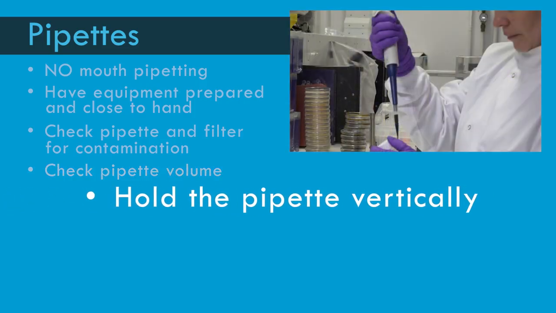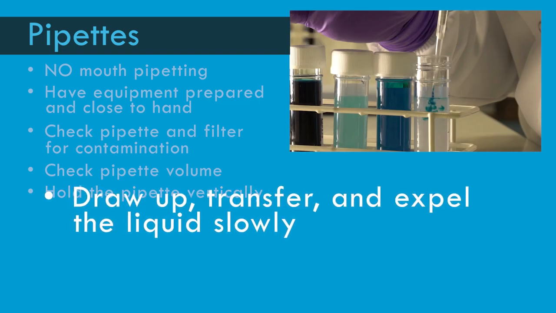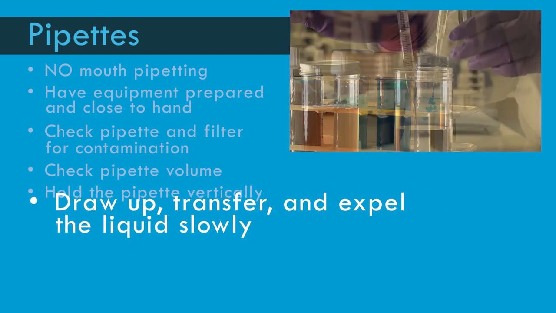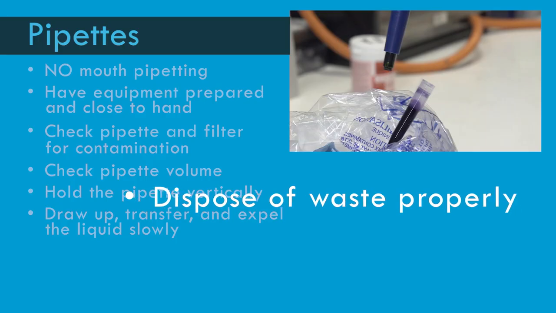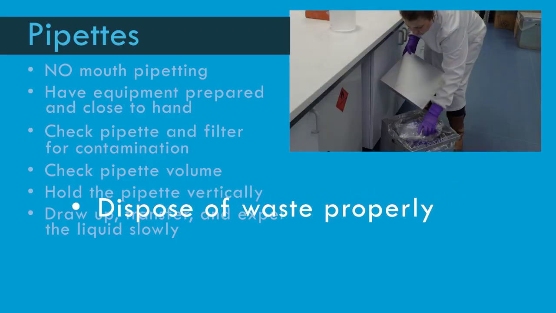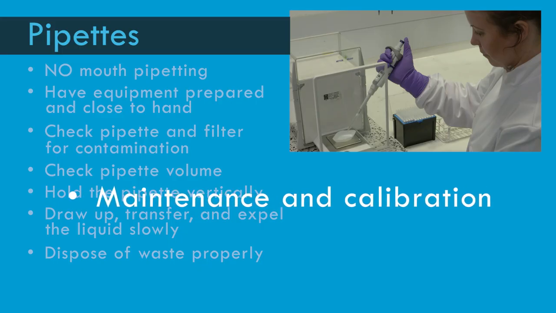Hold the pipette vertically. Draw up, transfer and expel liquids slowly and carefully to avoid air bubbles, spills or aerosols. Dispose of pipette tips and other waste properly. Make sure pipettes are maintained and calibrated.